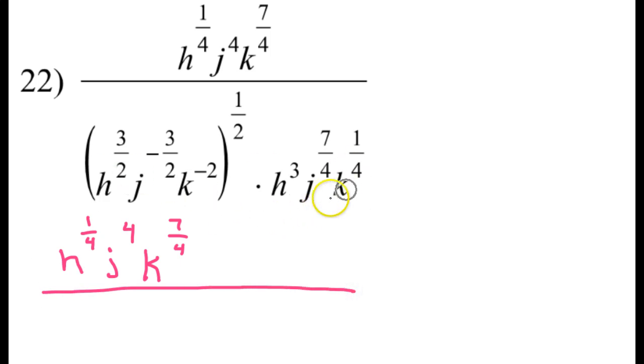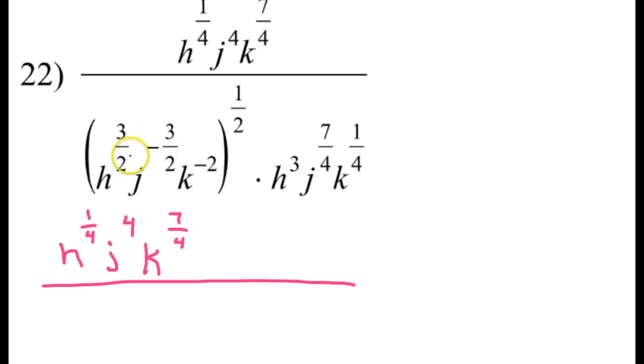So I'm working the denominator. First thing I need to do is raise all three of these things to the 1/2 power. When you do a power raised to a power, you multiply. So this is going to be h, but a 3/2 times 1/2, that's 3/4. Alright, now the j.